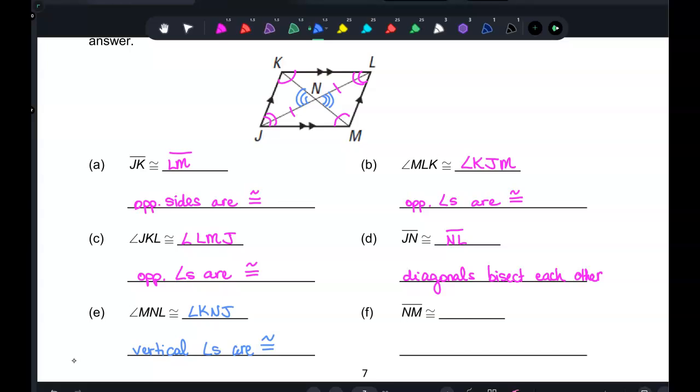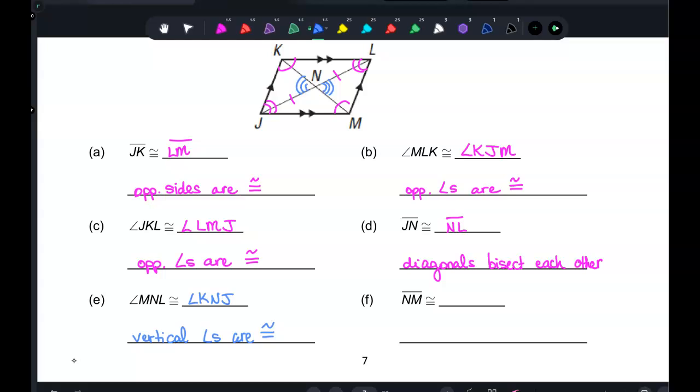Okay, last one here. Will you pause for it? I've got to write some stuff down.